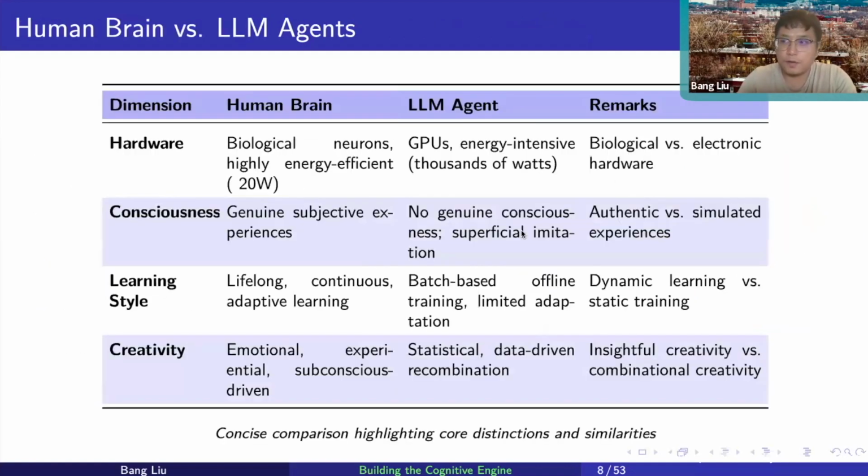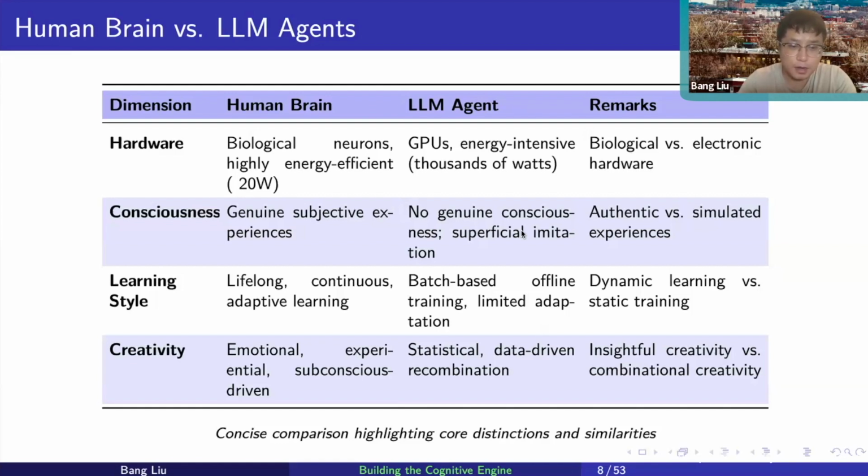If we consider it from a high level, at the hardware level they're different, right? One is from biological neurons, another is artificial neurons with tens of GPUs learning from a large corpus of data. The energy efficiency is dramatically different. The human brain is conscious, and for AI agents or LLMs themselves, from my perspective, I think it's still safe to say they're not conscious.